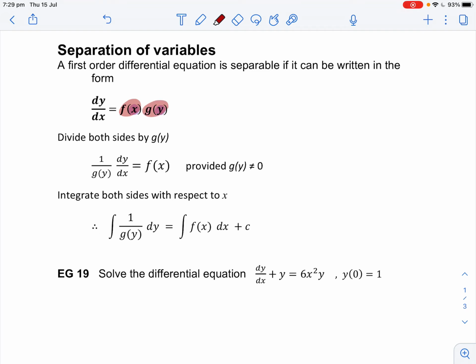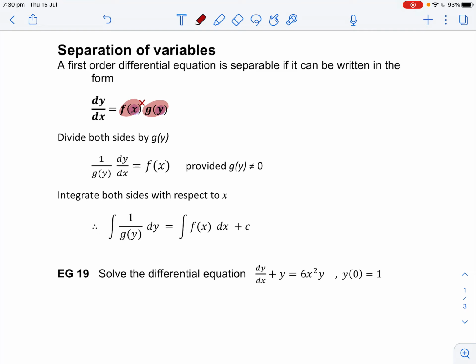What we're trying to do in these problems is create one function that only has x in it, multiplied by a second function with only y in it. When we do that, we can move all of the y terms to the left hand side of the equal sign, all of the x terms to the right hand side, and anti-differentiate the two expressions independently.